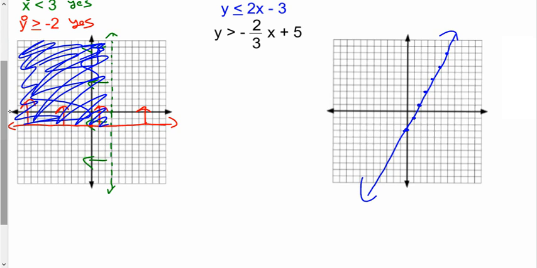And again, using a straight edge so you have a nice straight line. Putting in 0 for both x and y, you get 0 is less than or equal to 2 times 0 is 0 minus 3 is -3. Is 0 less than -3? No. So we are going away from the origin.